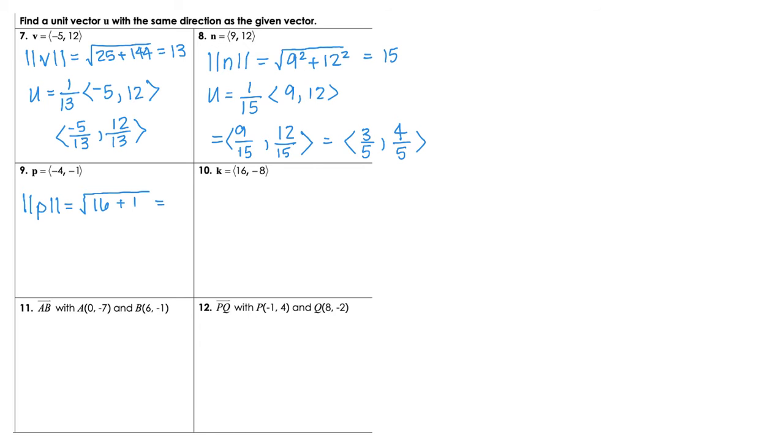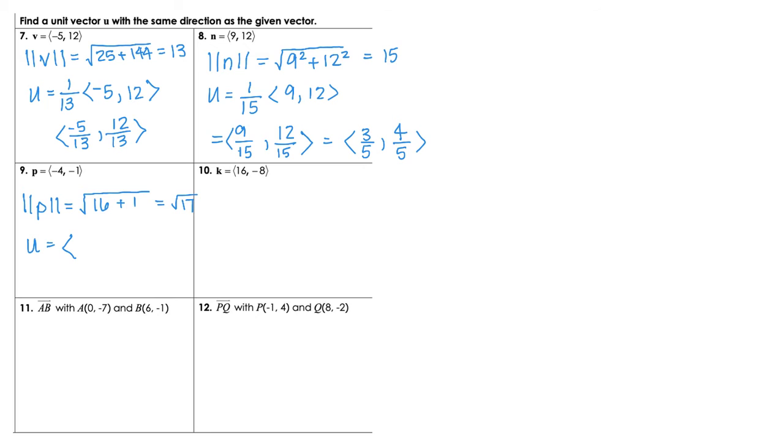So we're going to have the square root of 17. And so our unit vector, when we come back, is going to be 16 over the square root of 17. Not 16, sorry. I had a brain fart.